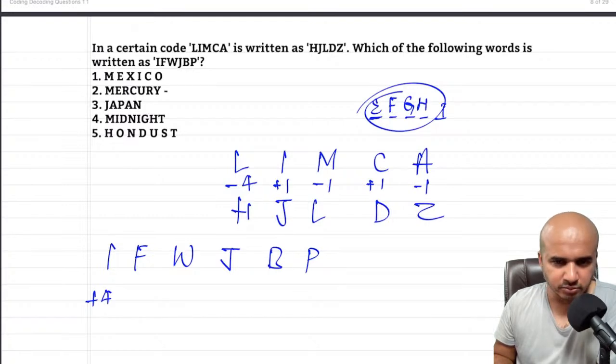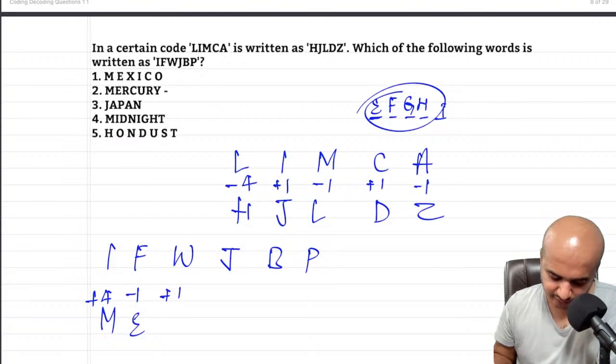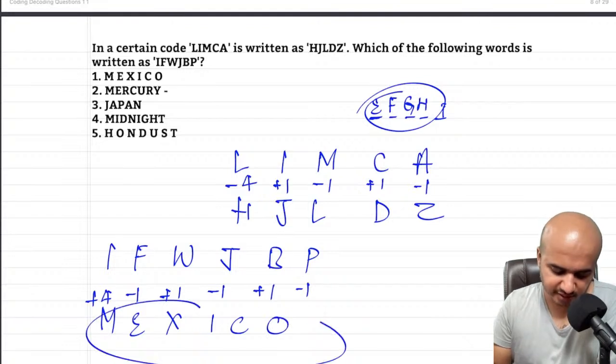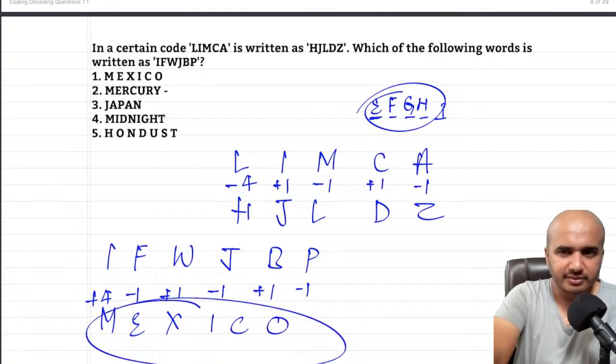Okay. Minus 1. I'm just changing the sign everywhere. So minus 4 became plus 4, plus 1 became minus 1 here. E, WX, minus 1, I, plus 1, C, minus 1. So therefore, the right answer in this case is Mexico, option 1.